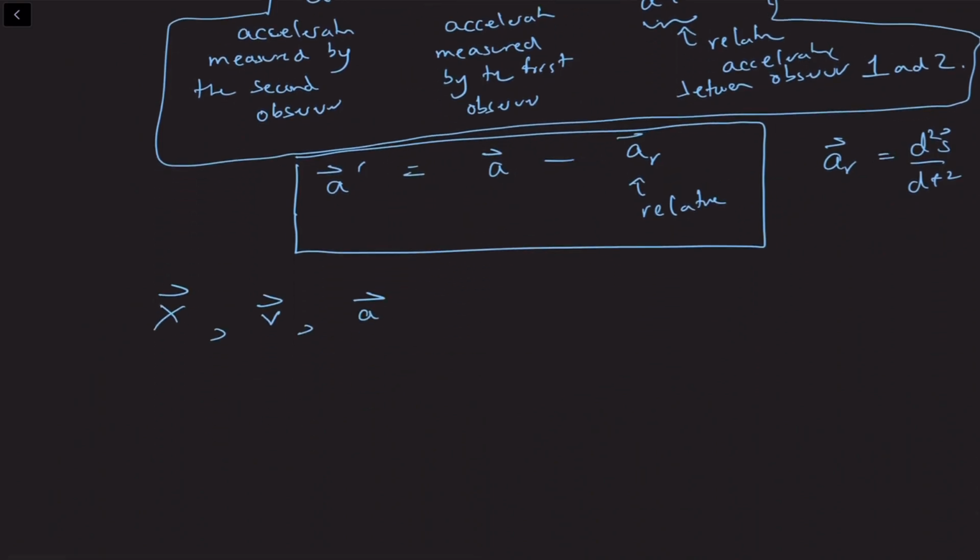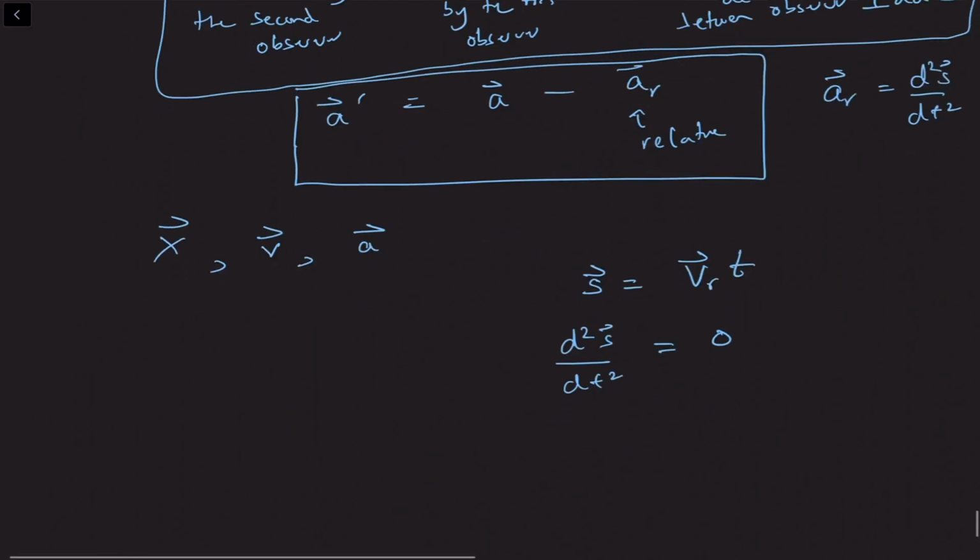Again, for the specific case where this displacement vector S, which we had written as A earlier, is v relative times t, a constant vector times t, that is, they're in a state of uniform motion with respect to each other, then d squared S by dt squared is 0. And in this case, the dictionary word for a prime becomes the same as the dictionary word for a.